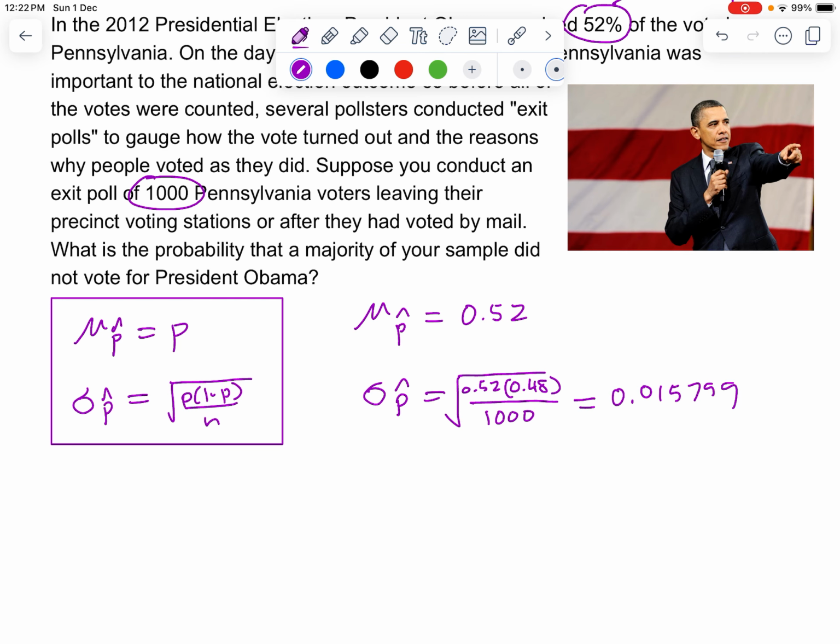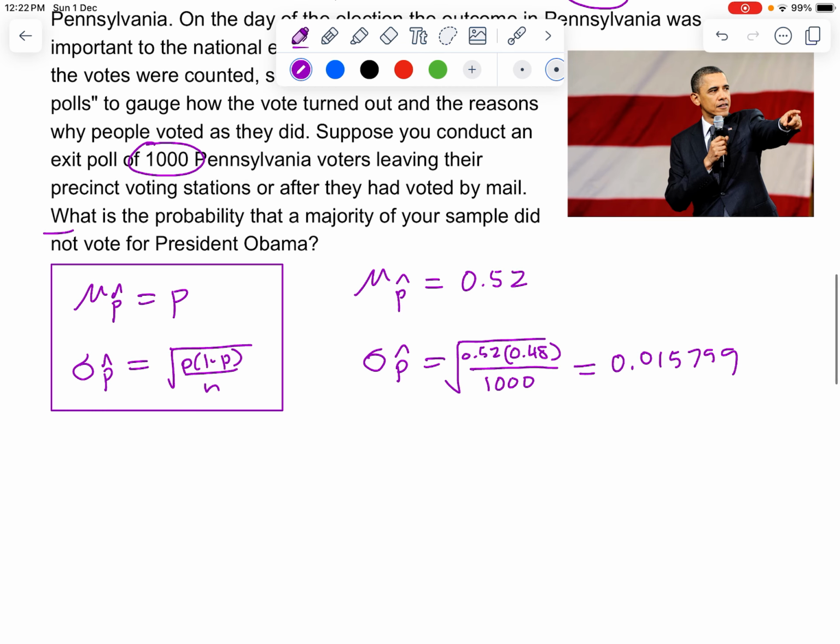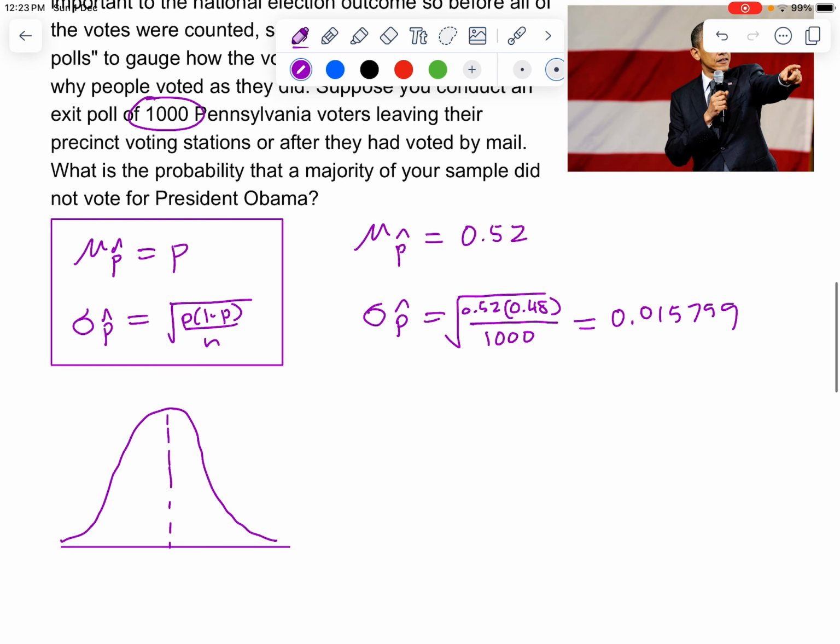Here the question is asking, what is the probability that a majority of your sample did not vote for President Obama? When it says a majority, it basically means 50% or less actually vote for Obama. If we were to draw that out, we have our mean is 0.52, and around here is 0.5.